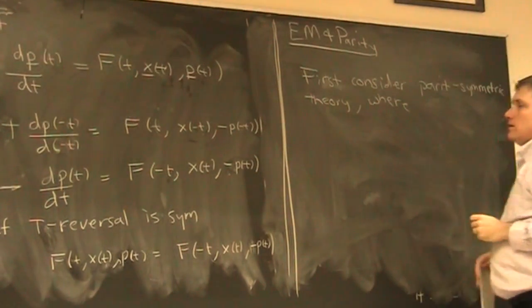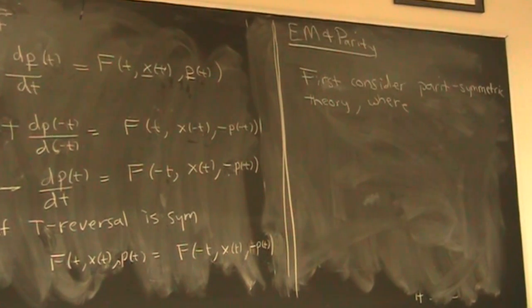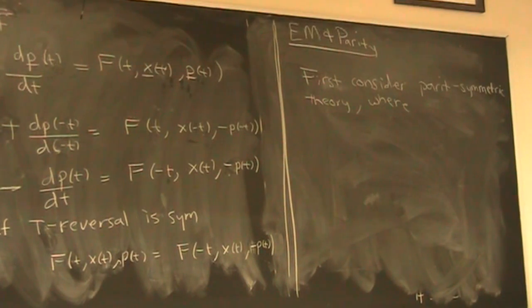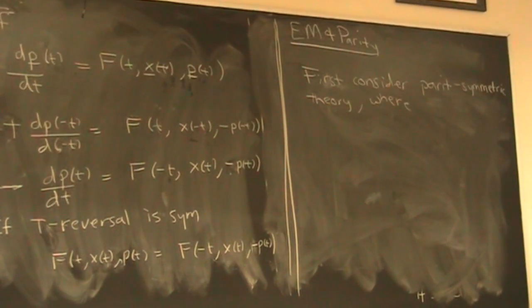Now, of course, if you have some external currents which you're specifying, you have to tell me how they change under parity, because EM doesn't know. You tell me the currents, and you also need to tell me how they get mapped under parity.